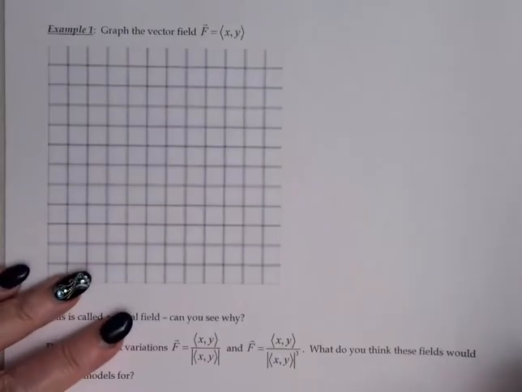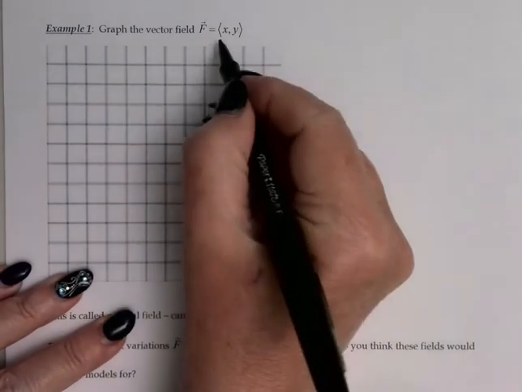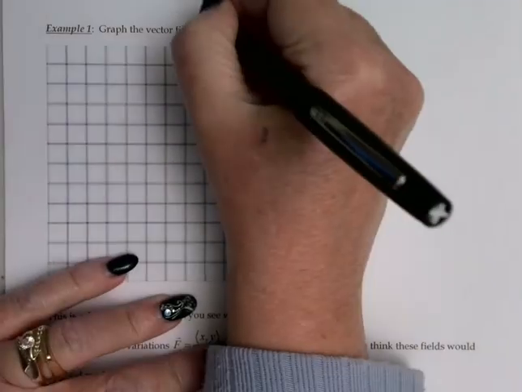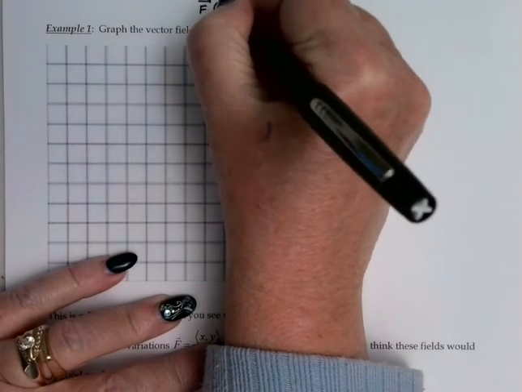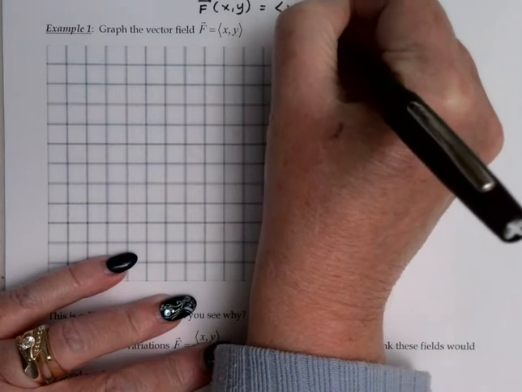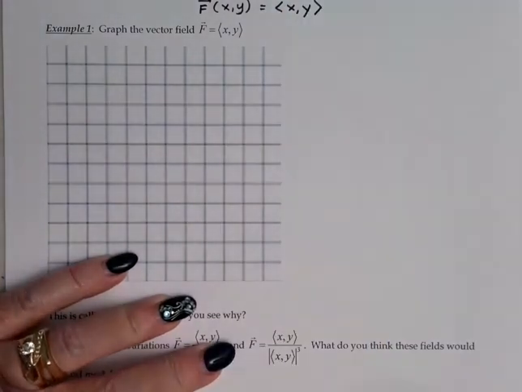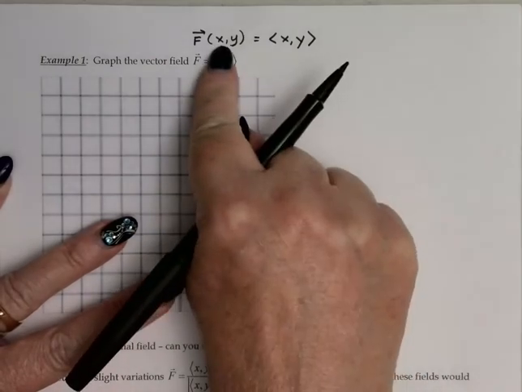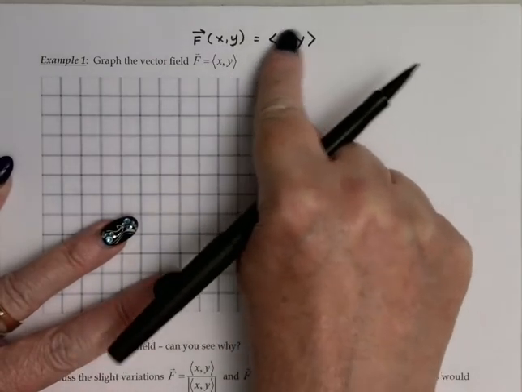So I'm going to start with a really simple vector field. The vector field f is equal to x comma y. Or I might say f of x, y is equal to x, y. This function does nothing more than essentially turn the point into a vector.